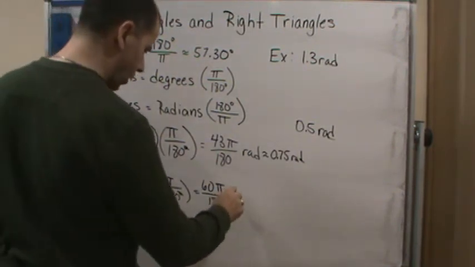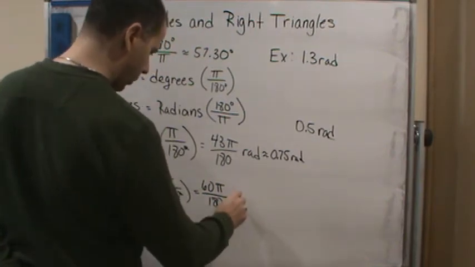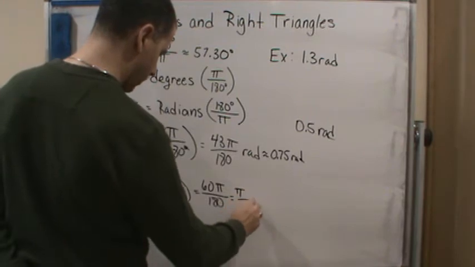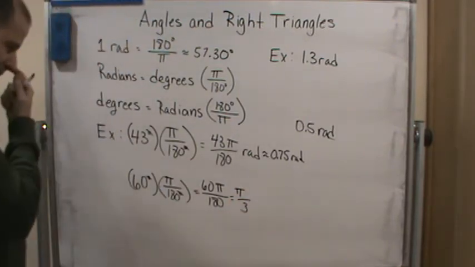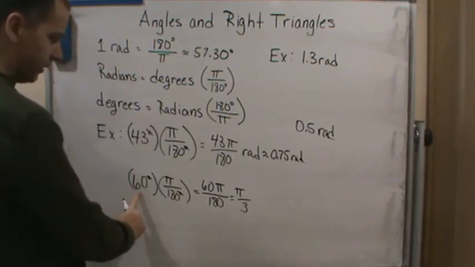This is going to be basically pi over 3, because we're talking about 60-degree angles.